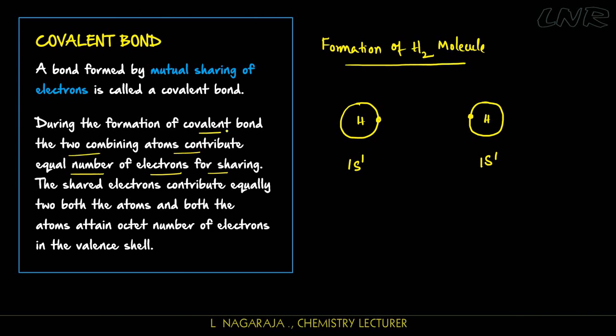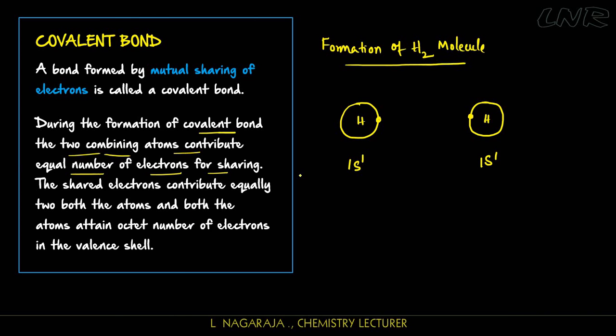So during the formation of a covalent bond, the two contributing atoms contribute an equal number of electrons for sharing. The shared electrons contribute equally to both atoms, and both the atoms attain an octet number of electrons.